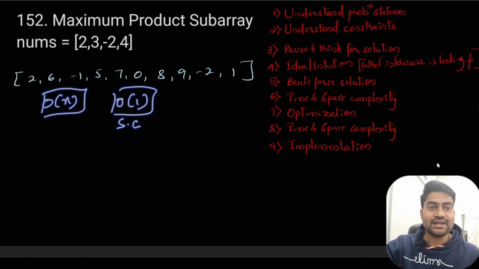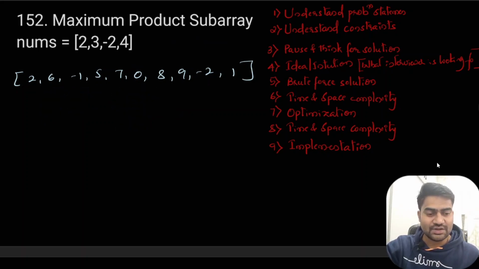If you have already watched my previous maximum subarray sum video, there you already know how to come up with the maximum sum. This is a slightly different variant. There we were finding the maximum sum, but here we are trying to find the maximum product.